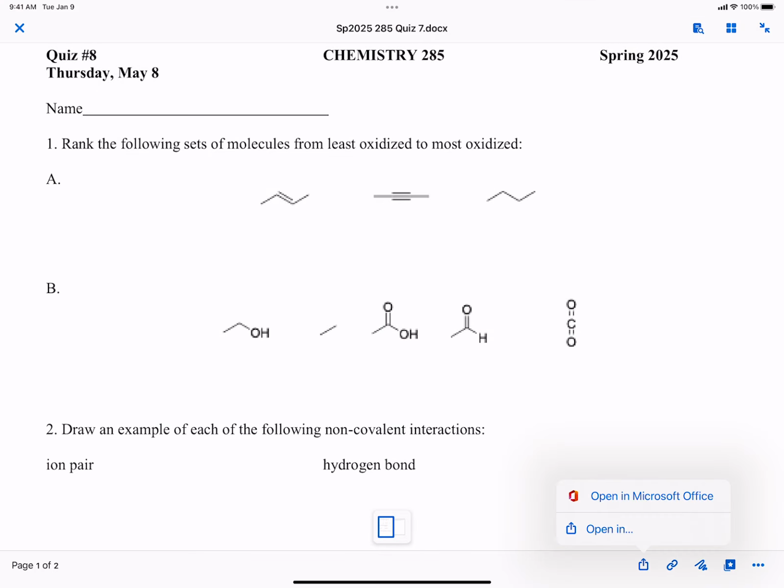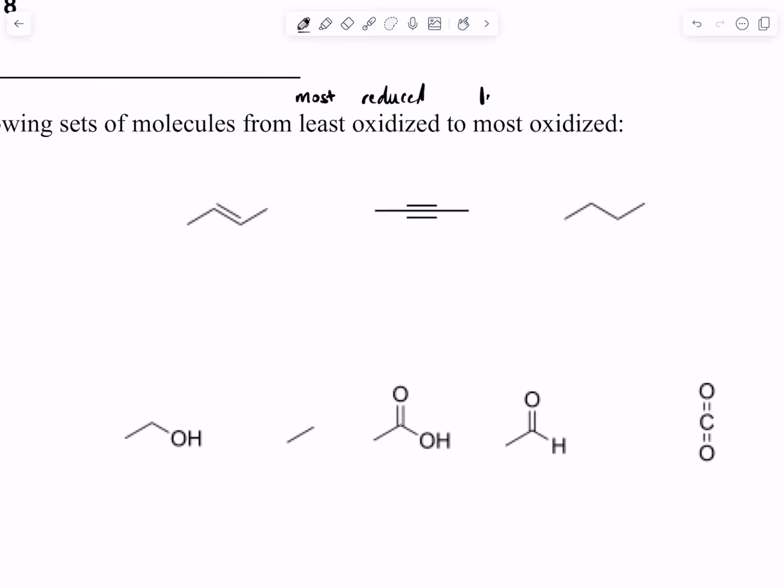The first question on your quiz asks you to rank the molecules that I've shown you in order of increase from least oxidized to most oxidized. Another way to say least oxidized would be most reduced to least reduced.